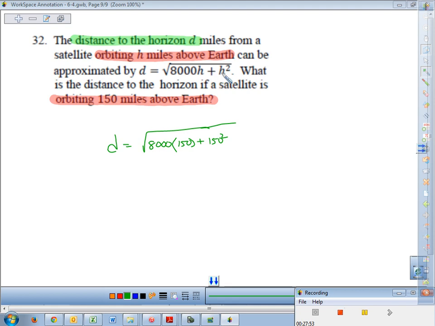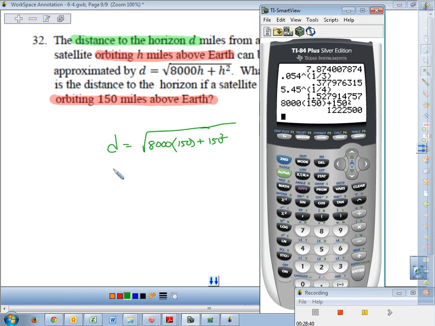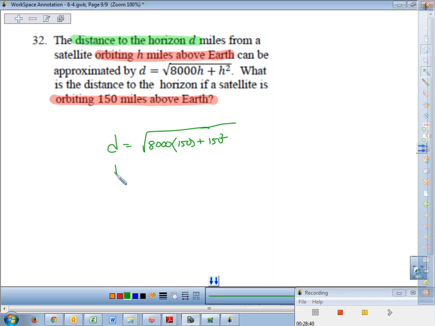They ask you to find D, so you substitute it in like this. I would just clean up what's inside the radical first. I would type in 8,000 times 150 plus 150 squared. Clean that up first and get that number, then put it back underneath my radical right there. So 3 2s.